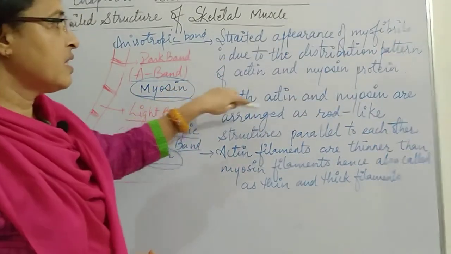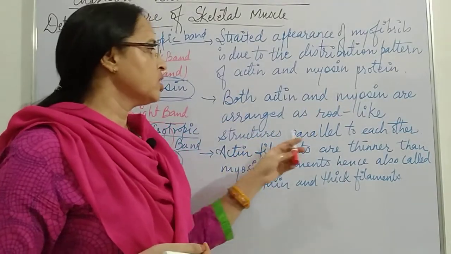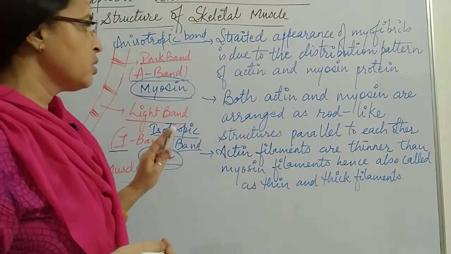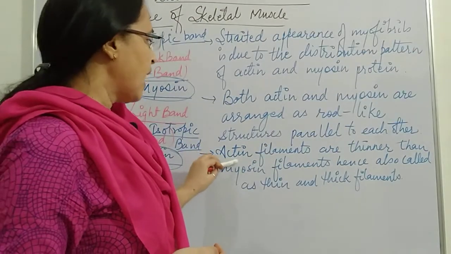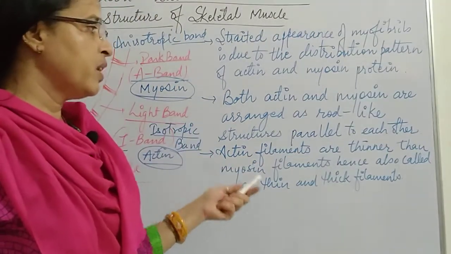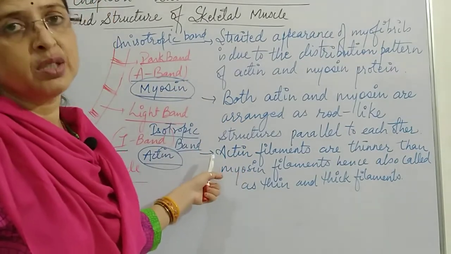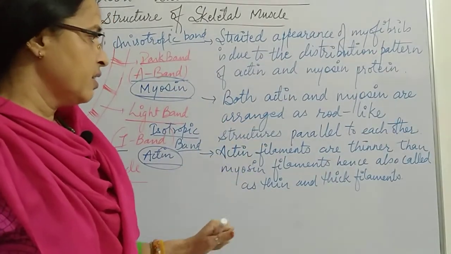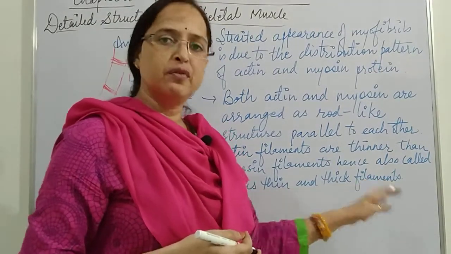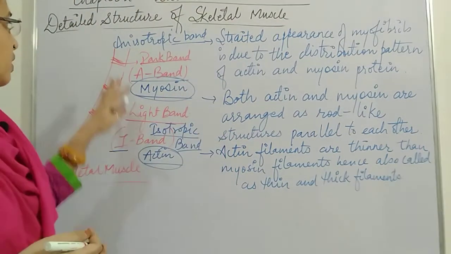Next, both actin and myosin are arranged as rod-like structures parallel to each other. Actin filaments are thinner than the myosin filaments. That means the thickness of myosin is more than the actin, and hence these are also called thin and thick filaments. Now just have a look over here at the board.